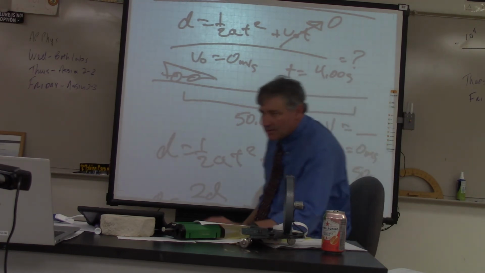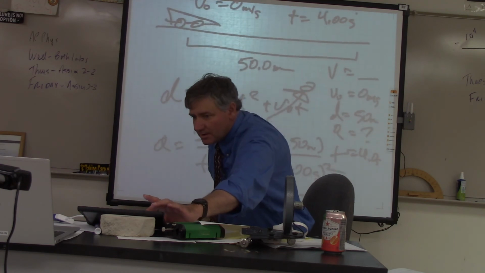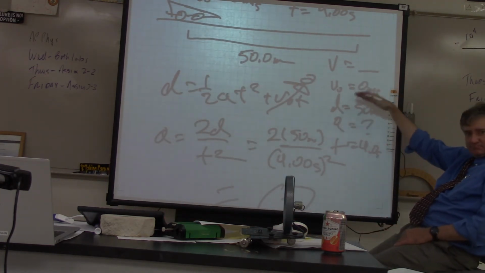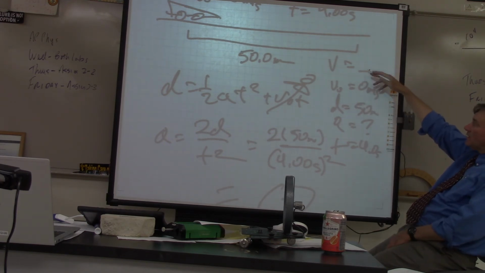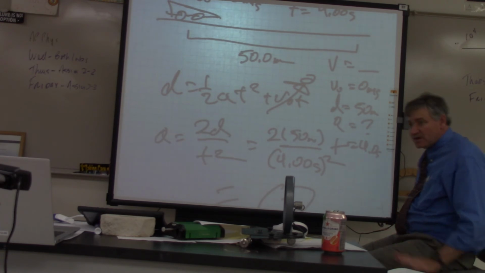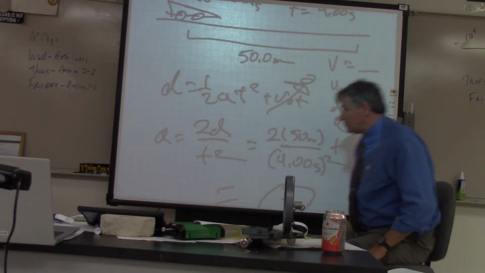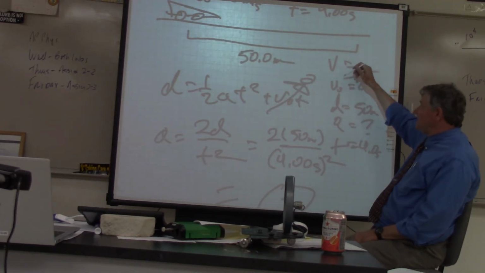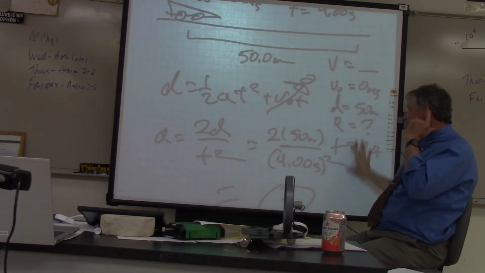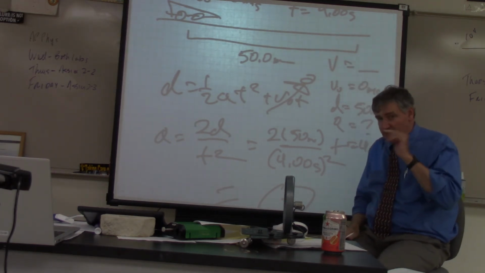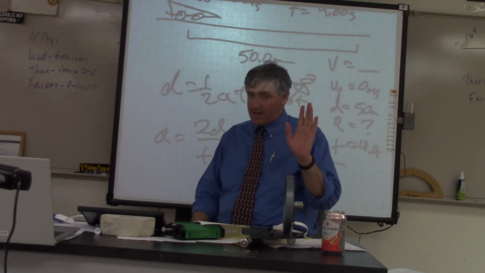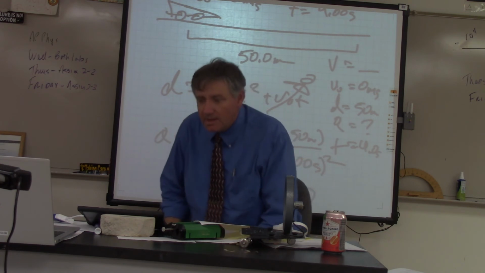Now, if you are of the VDAT mindset, again, you don't have to do this, but this is handy because you're only going to have 5 potential variables: V naught, displacement, acceleration, and time. If you'd like to keep things organized and do this, hey, knock yourself out. You don't have to, but it's highly recommended.